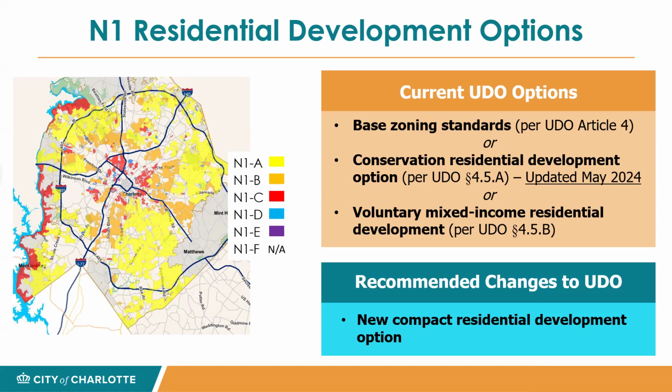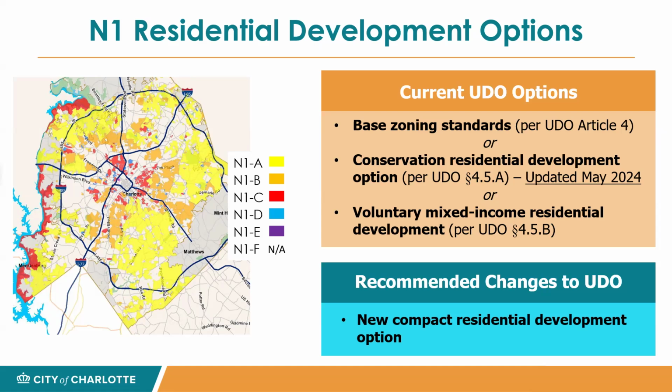That is where you're required to preserve 40% of open space, green area in your development to get the reduction in lot size to be able to do smaller lots. And then the third piece is the voluntary mixed income residential development, where if you include affordable housing in the development, then you get the reduction of 2 districts.